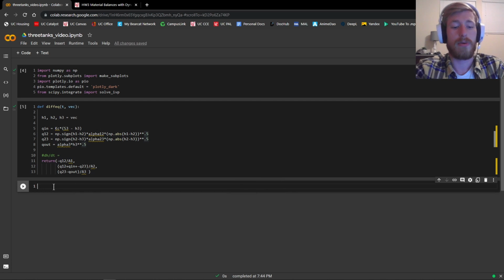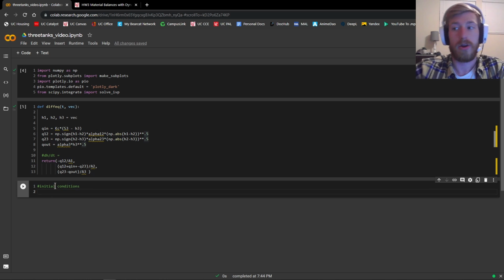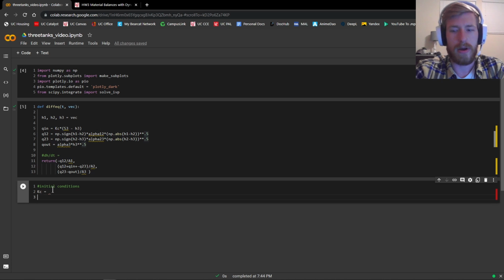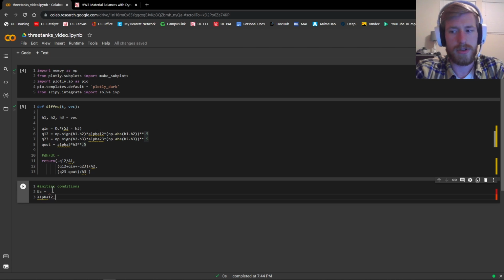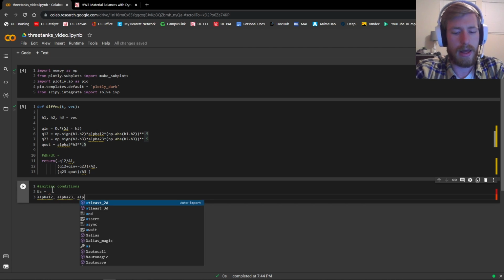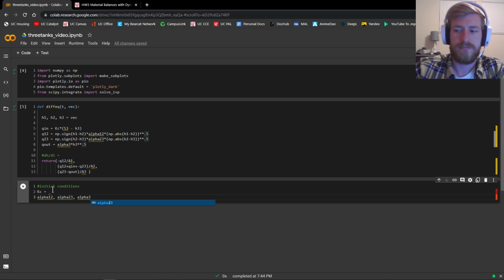errors. Now, right here, we're just going to do our initial conditions, which are going to be what are all the values that we haven't actually defined within our function yet. So we're going to define our KC. We're going to have to define our alphas, alpha 1, 2, alpha 2, 3, and alpha 3.